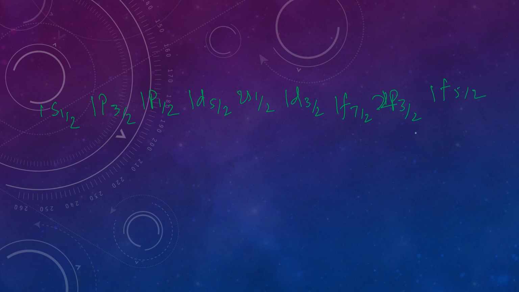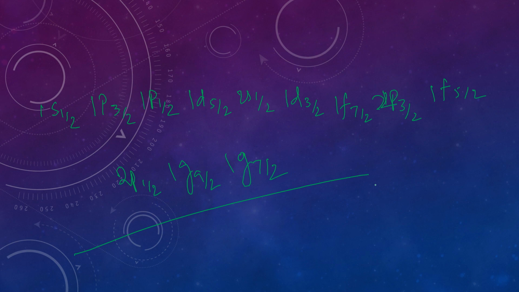The sequence is what? 1s half, 1p 3 by 2, 1p half, 1d 5 by 2, 2s half, 1d 3 by 2, 1f 7 by 2, 2p 3 by 2, 1f 5 by 2, 2p half, 1g 9 by 2, 1g 7 by 2. It will go on like this, okay? At least up to this you should remember.